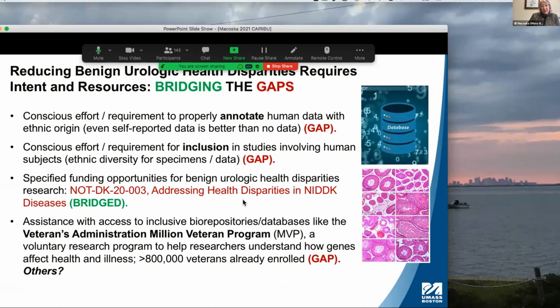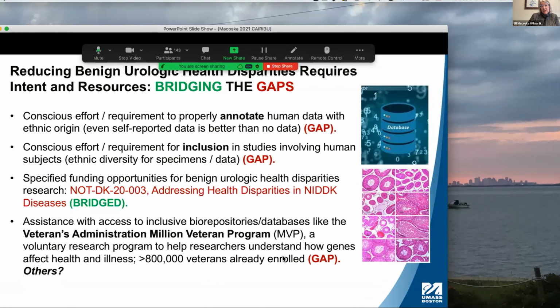Certainly we need money. This is a gap that's been bridged. There is a PAR addressing health disparities and NIDDK diseases. All the institutes have a similar PAR. So there's money to look at health disparities, okay? That's not the problem. And what we do need though is some assistance with access to inclusive biorepositories or databases. An example is the Veterans Administration Million Veteran Program, or MVP.